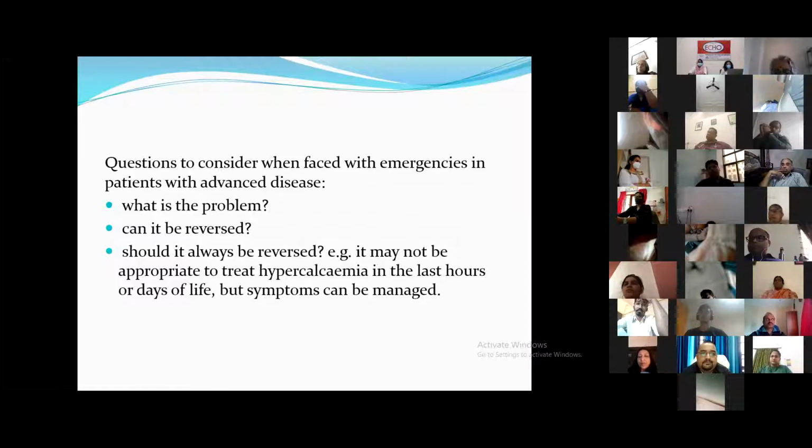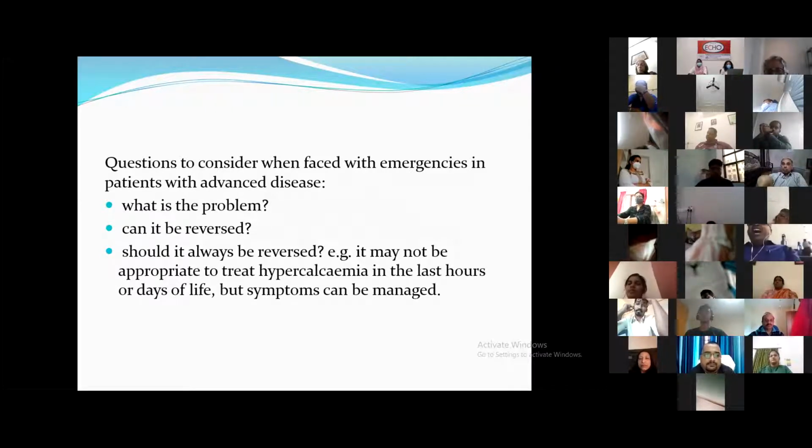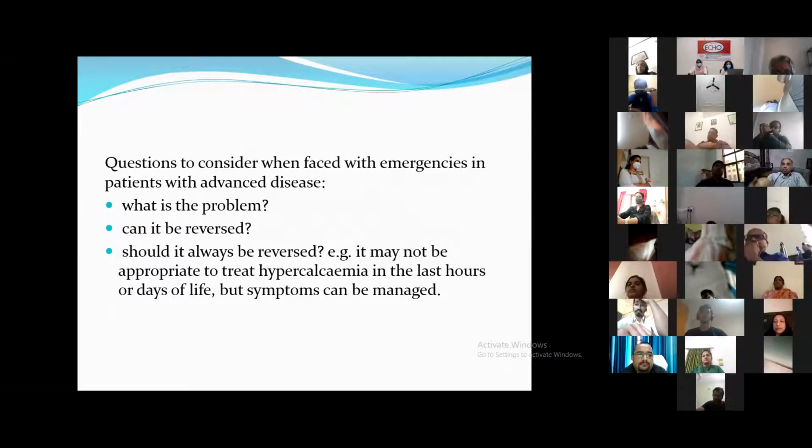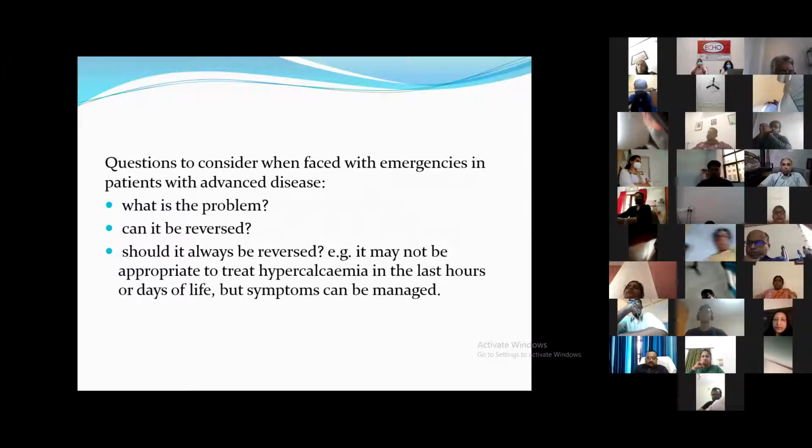So whenever an emergency case presents to you, especially in advanced disease, say advanced malignancy or Parkinson's, or the patient has motor neuron disease, you have to know a little bit about the disease also. So you have to know what is the problem.